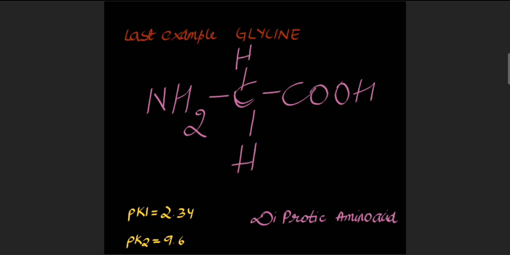This was H. In glycine, when the pH was around 2.34, this COOH donated its hydrogen.